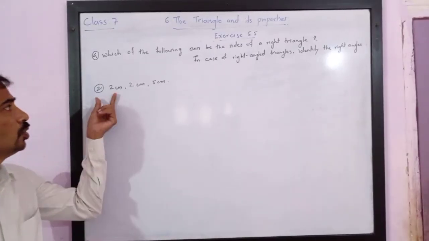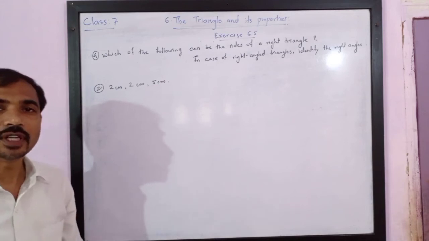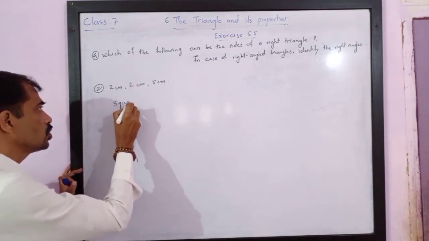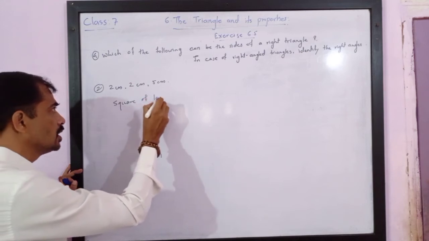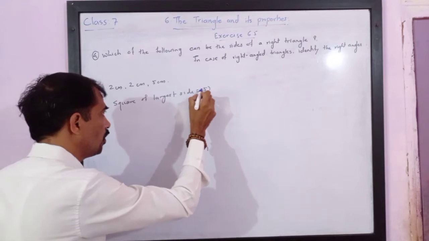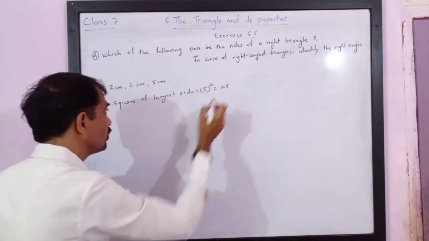Second is 2 centimeter, 2 centimeter and 5 centimeter. Now let us take the square of the largest side. Square of the largest side is equal to 5 square, that is equal to 25.